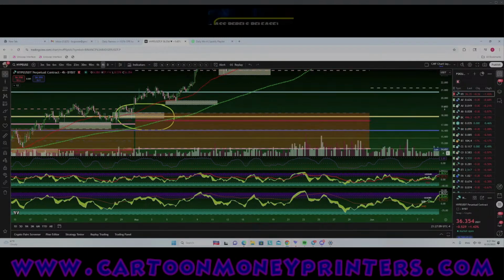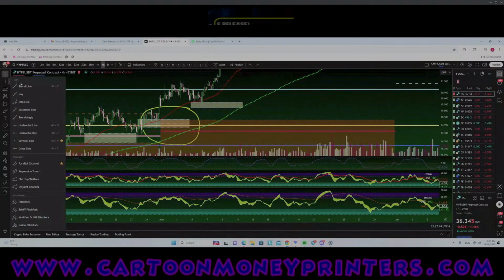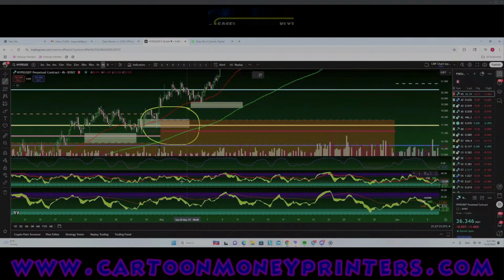Let's draw it to confirm. Hold on a second. Trend line. I'm going to go from here to there. Price went down and ribbon up. You guys confirm?